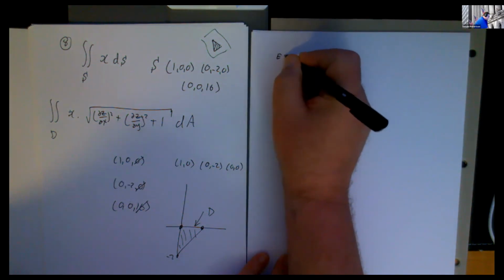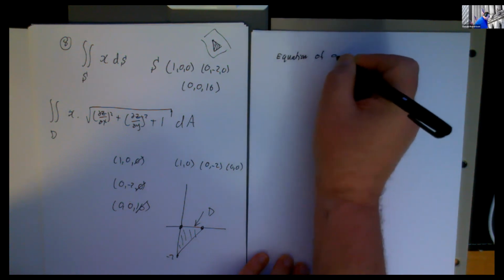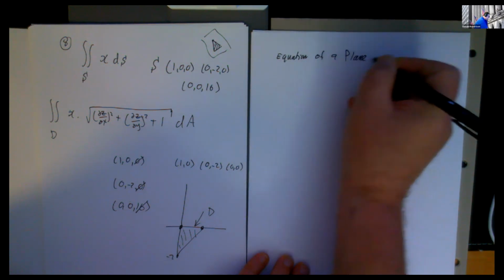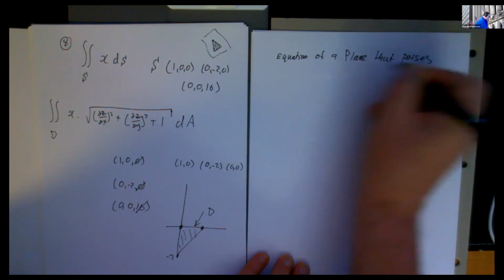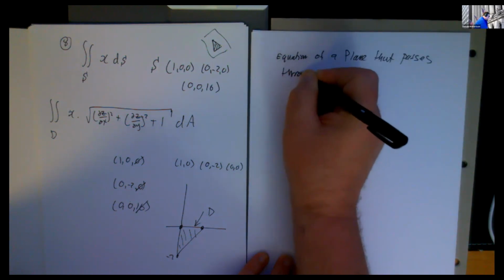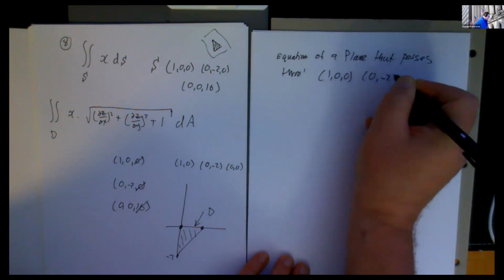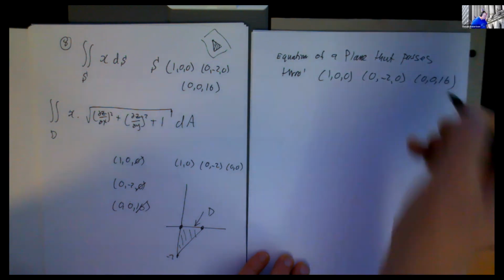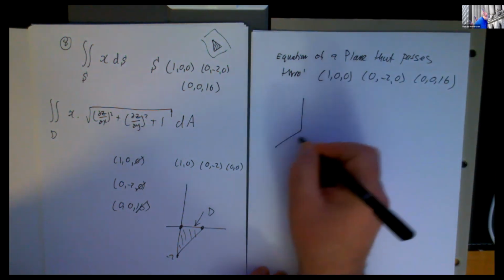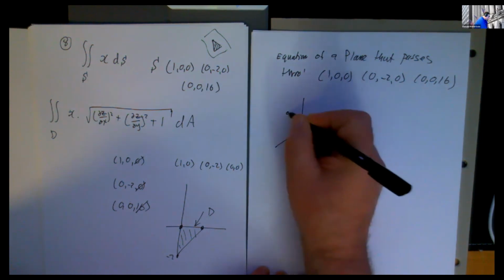So we're about to find the equation of a plane that passes through 1, 0, 0, 0, -2, 0, 0, 0, 16. Can you pretend that that's the 3 points in 3D space?